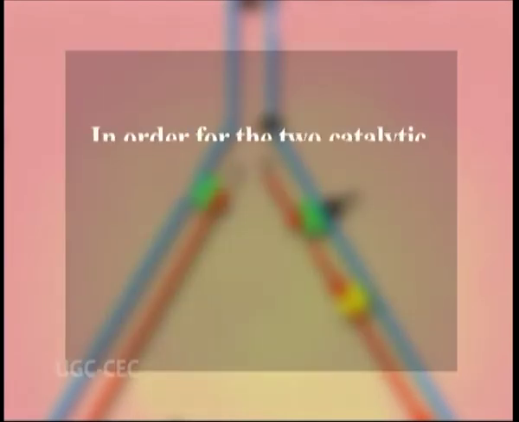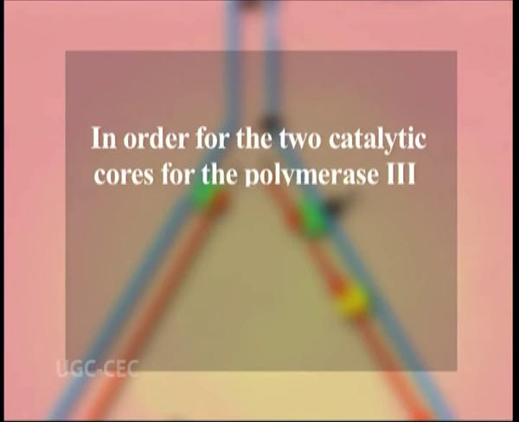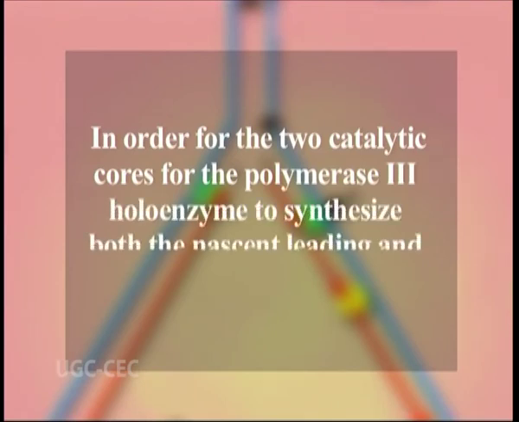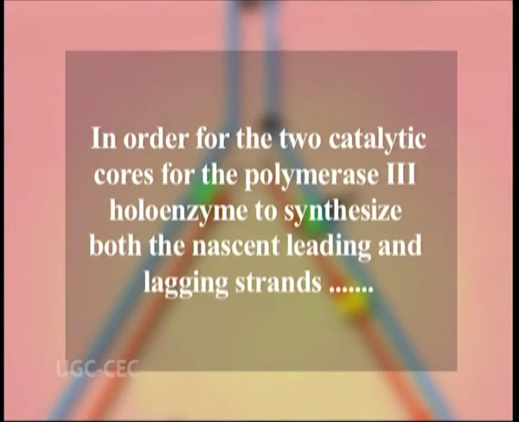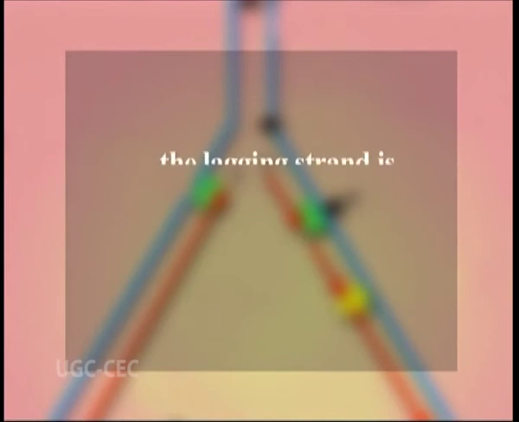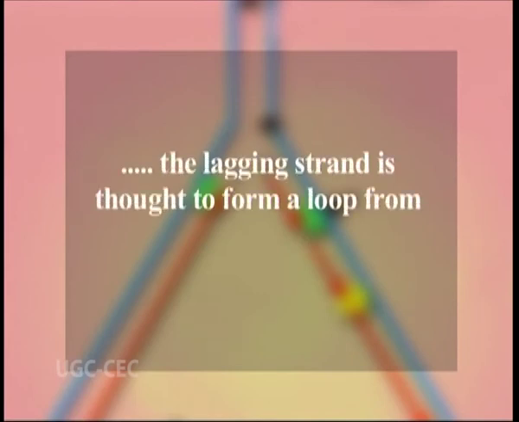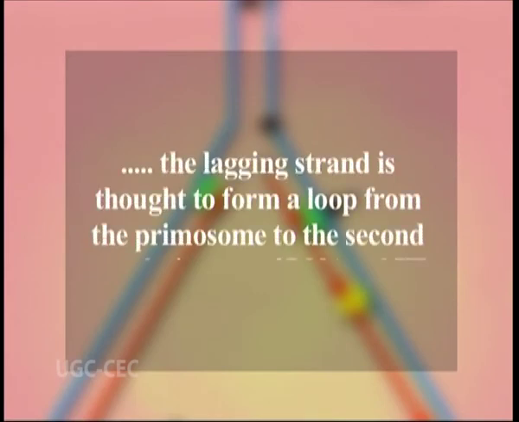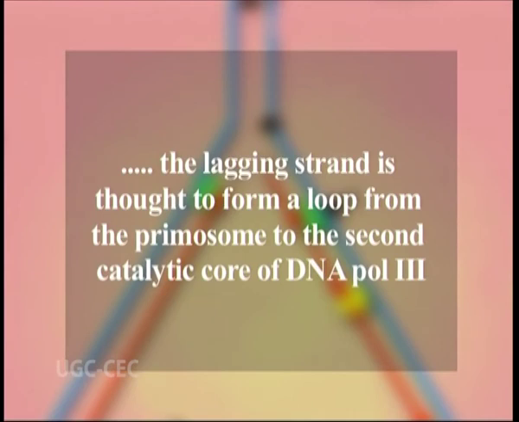In order for the two catalytic cores for the polymerase III holoenzyme to synthesize both the nascent leading and lagging strands, the lagging strand is thought to form a loop from the primosome to the second catalytic core of DNA polymerase III.